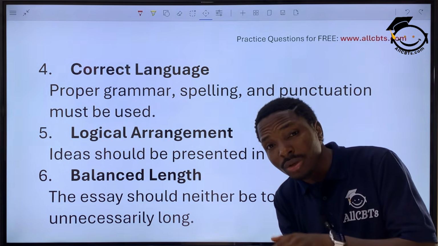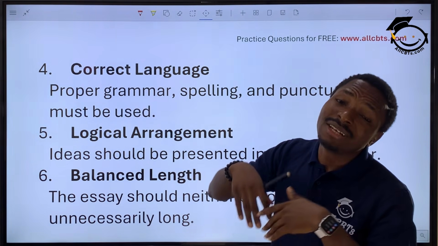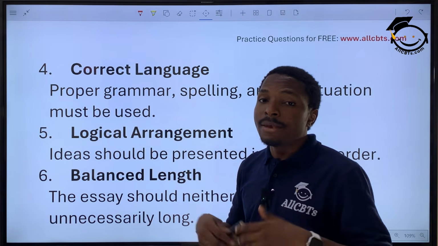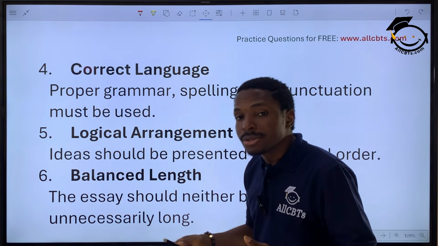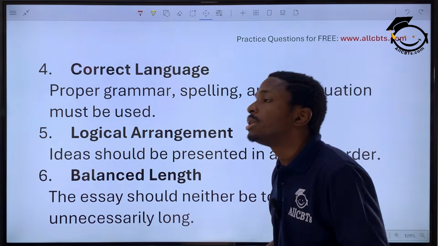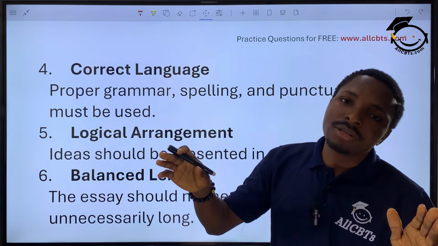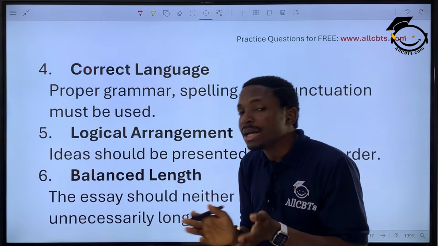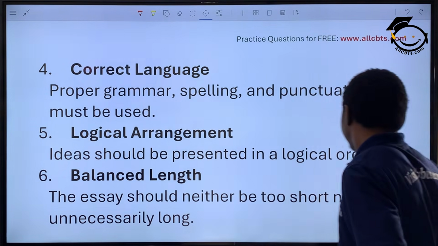It should not be too short. It should not be excessively long. In fact, many assignments or tests or assessments will give you a number. You might be told it should not be more than 250 words, 400 words. And then you have to put all your ideas within that.